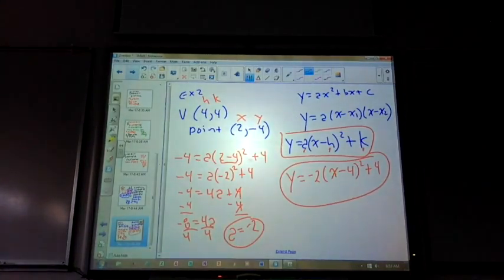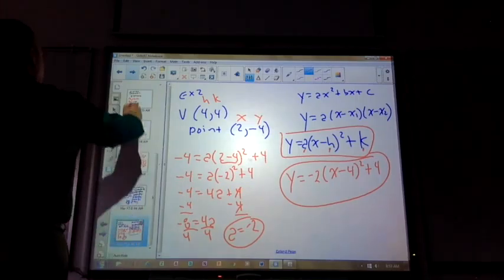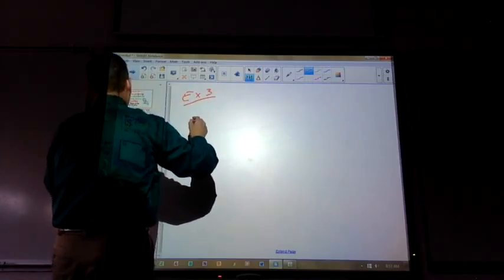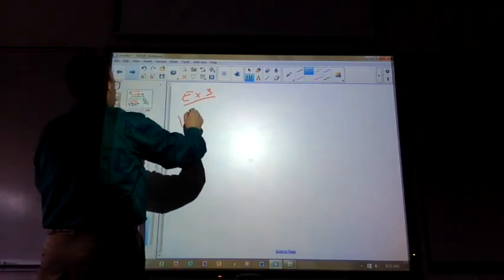A parabola with vertex negative 1, 4 and a y-intercept of 0, 5. Now, this will be my last example because I know you guys are excited about it.